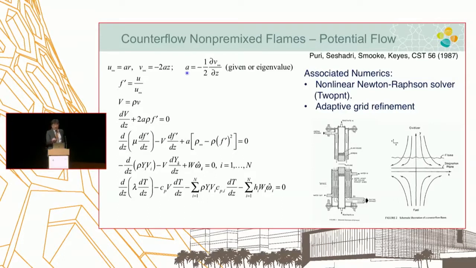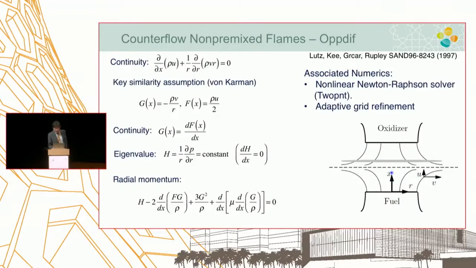So this was, from a computational standpoint, easier to derive, and this was first used by Smooke when he was together with Bob Kee in Sandia lab, and they did this kind of analysis and reported the result. And people started to build a burner, and well, I can't do that. I have a finite dimension of the burner. So that's why OPPDIF came out. It was actually the Sandia report that came out in the 1990s by Andy Lutz.